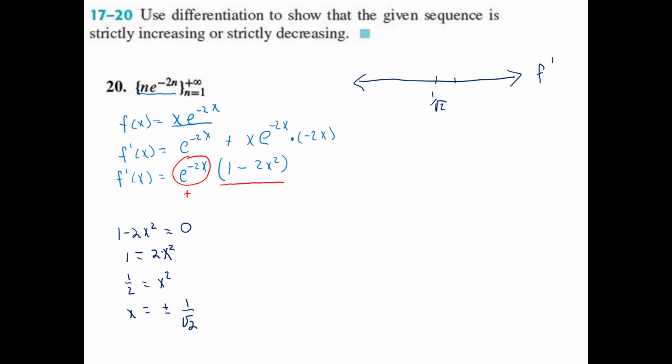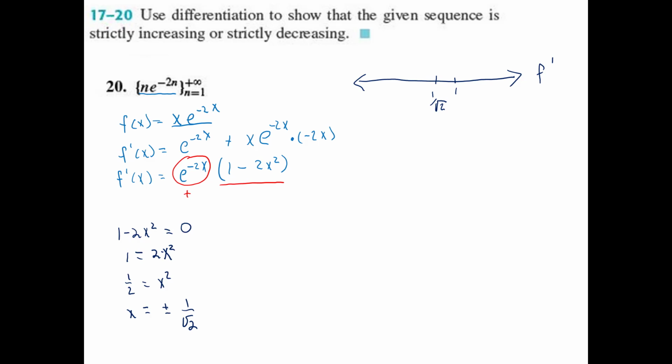And then we're only interested to the right of 1. But to the right of 1 over the square root of 2, your output will either always be positive or always be negative because we have a continuous function. And so then the only places where it's 0 are at 1 over the square root of 2 and negative 1 over the square root of 2. So in each interval, it is either always positive or always negative.